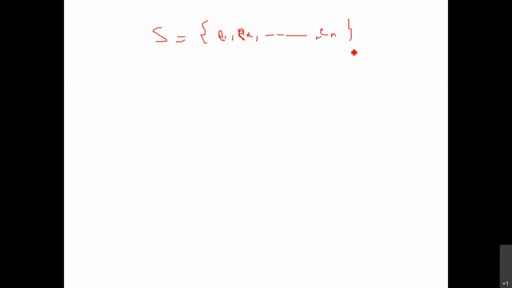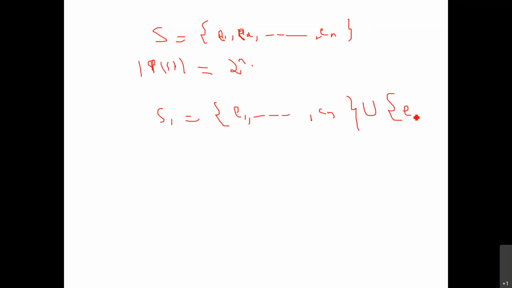We had n elements, and we know that the size of the power set is 2 power n. Now you have a new set with all these same elements, but we added a new element, n plus 1. How can we prove that the size of S1 is now going to be 2 power n plus 1?